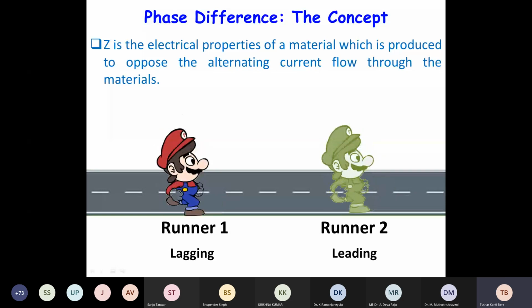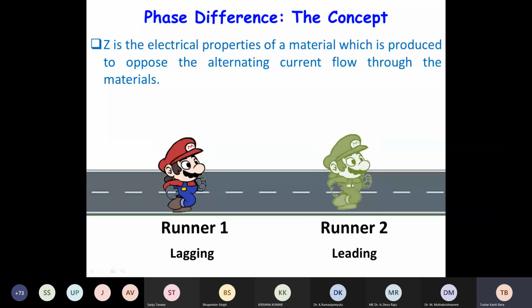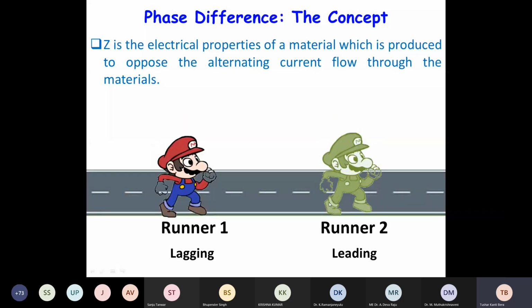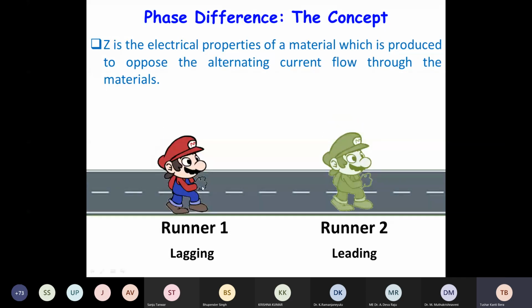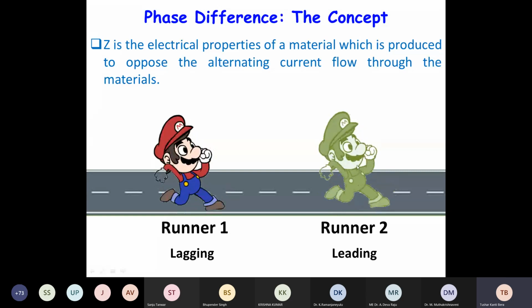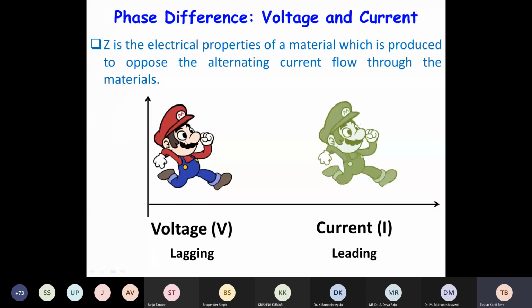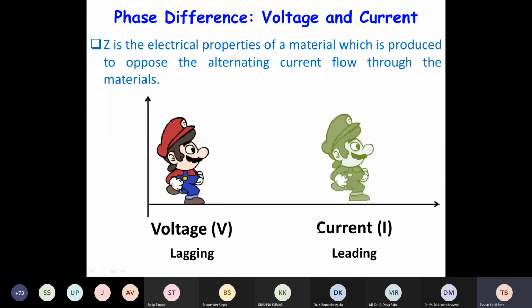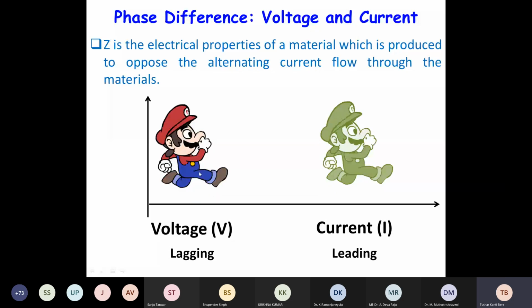The same thing applies to runners also. If the runners are running on a track, say the green runner may be in a leading position; they may be ahead. They started at an earlier time, and some runner will be lagging behind the other leading runner. So if this green runner is considered as the current, and the red and blue runner is considered as the voltage, we will say that the current is leading over the voltage.